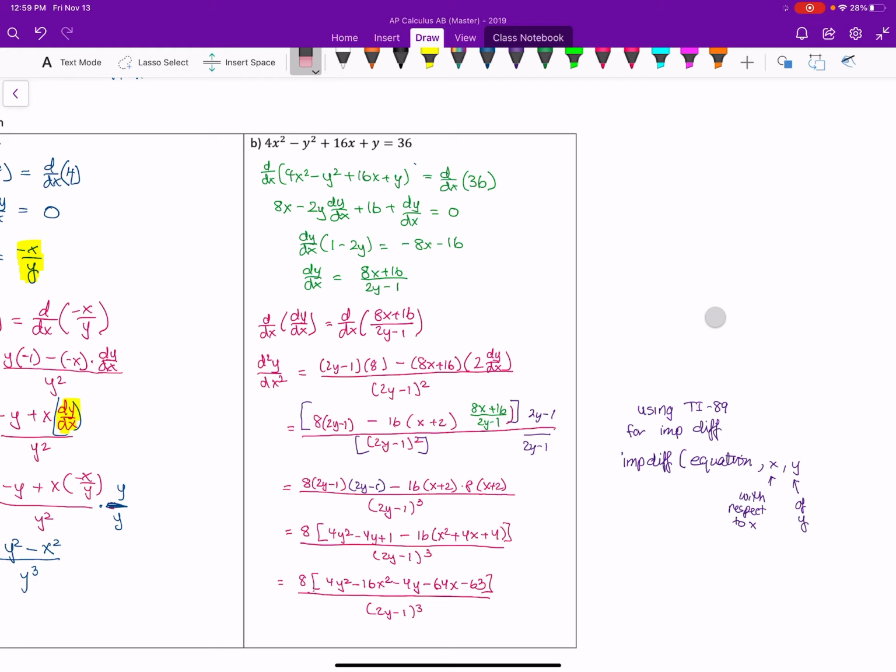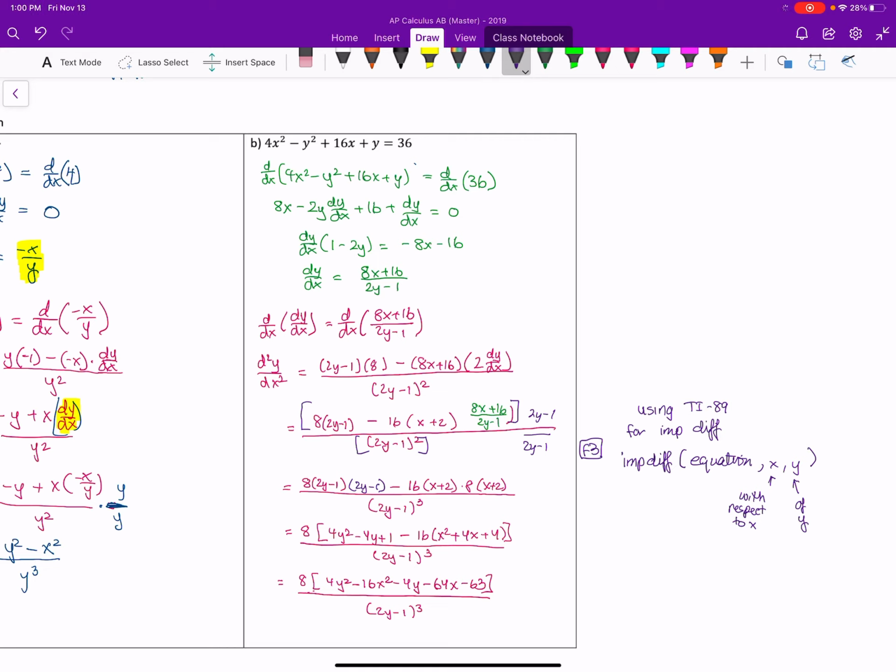All right. On your TI-89s, you can actually use implicit differentiation. If you have an older one, you may not have it on there, but you can always download it through TI Connect. It should be in the F3 menu on the home screen, and then if you use the arrow down key, there is an impDif.